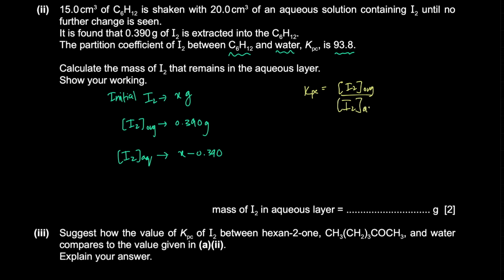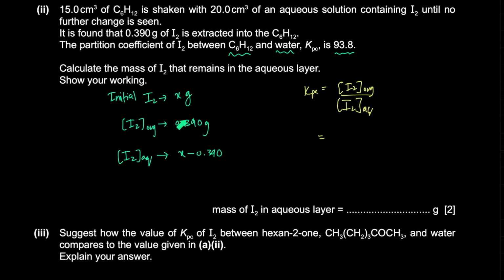So the concentration of iodine in the organic layer, we can just take mass per unit volume. It doesn't matter as long as the units are the same in the numerator and the denominator, because in partition coefficient the units will cancel each other out.